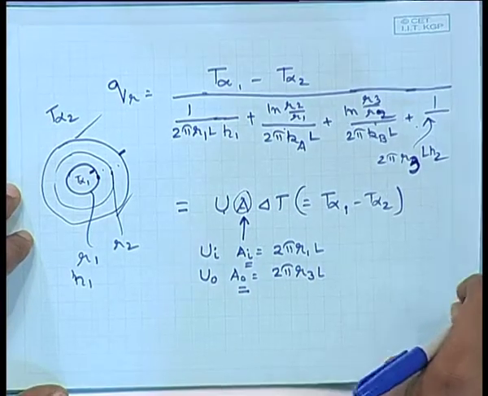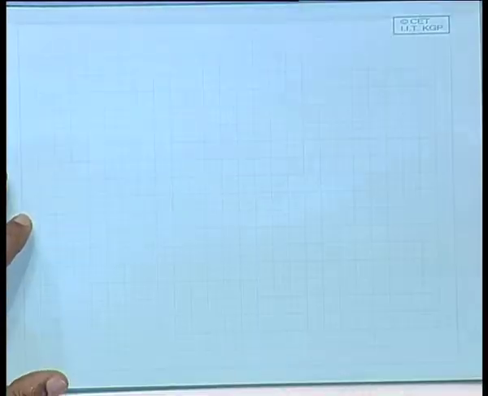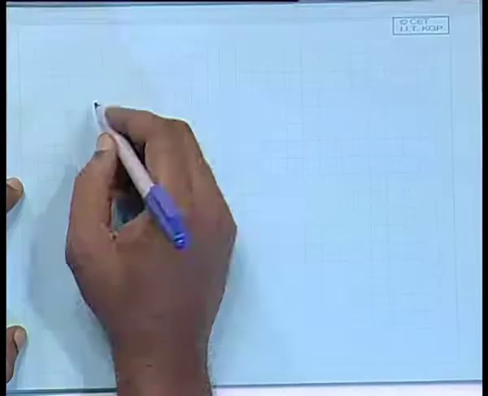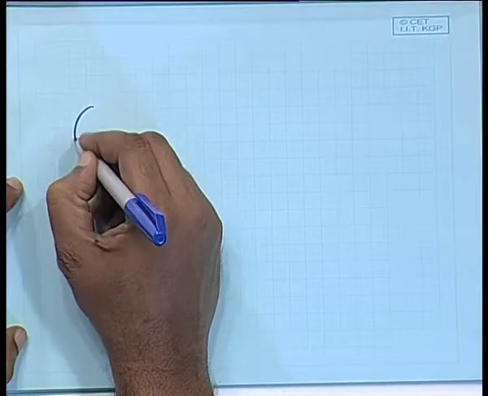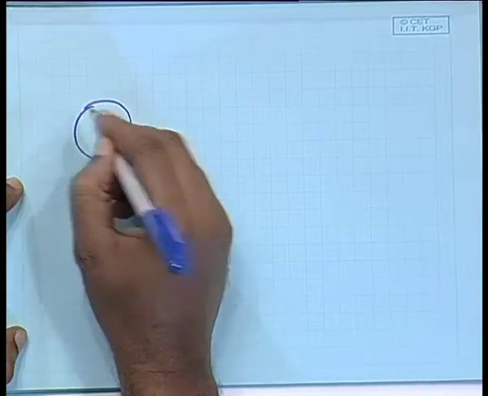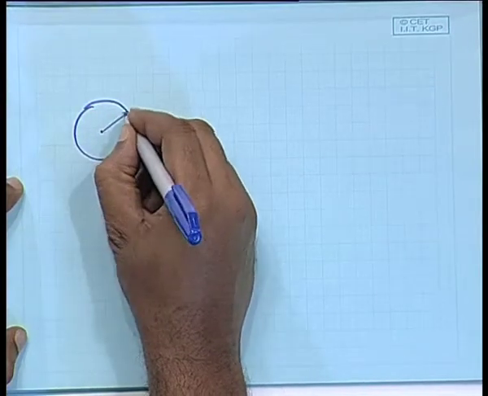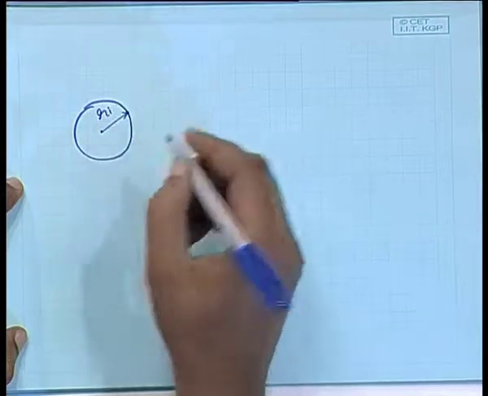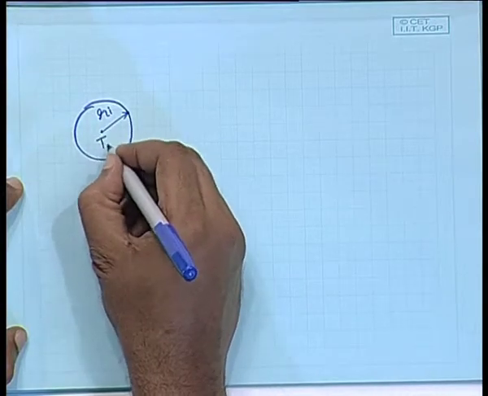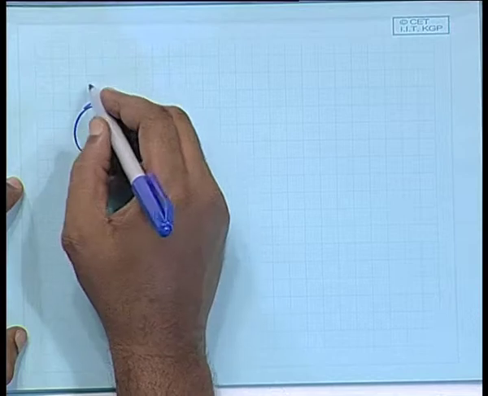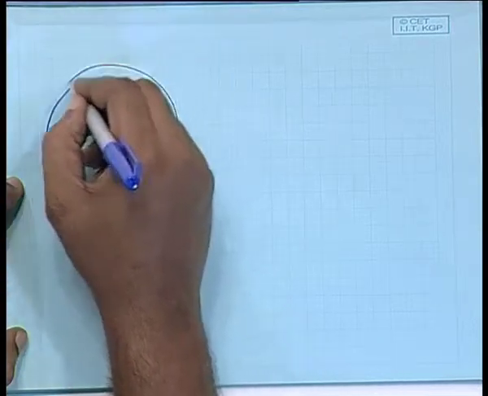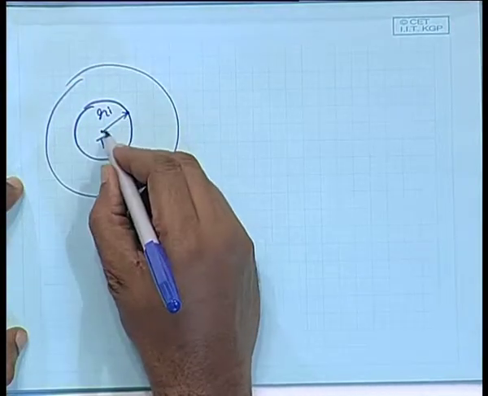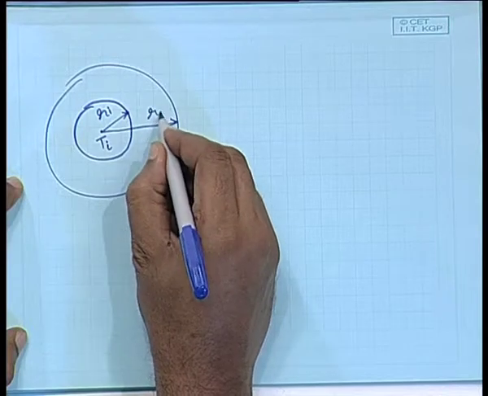Then in the next one, what we are going to do is very interesting. I think I have introduced it to you in some of my discussion. We will see mathematically how it works. Let's say I have one pipe which has radius Ri and temperature Ti, and this pipe is insulated by some material, and the outer radius is R0.